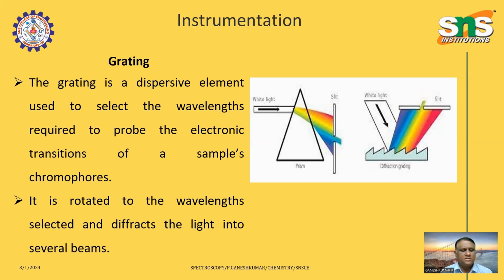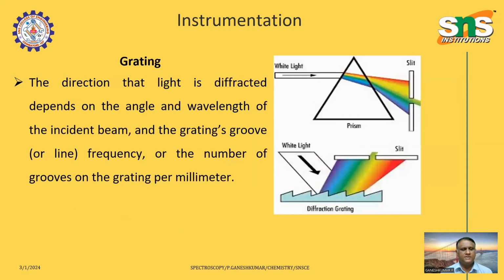The grating is rotated to the wavelength, and the wavelength gets selected. Whatever wavelength we require, we can select, and it diffracts the light into several groups.